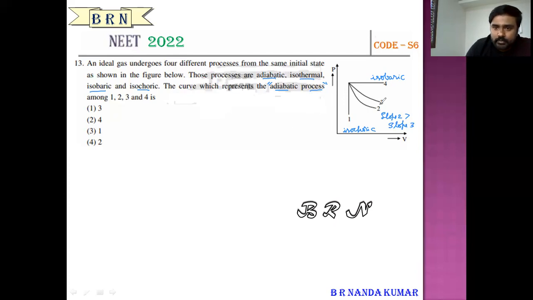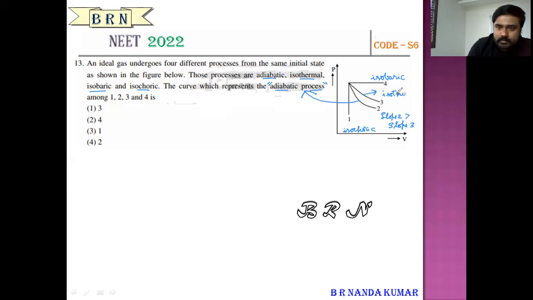So curve 2 is adiabatic. Whichever has the maximum slope is the adiabatic process. And the remaining is isothermal.